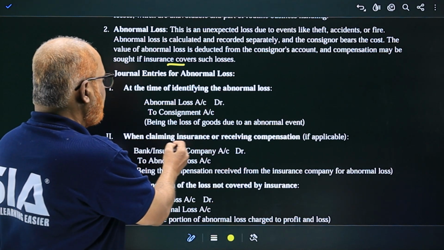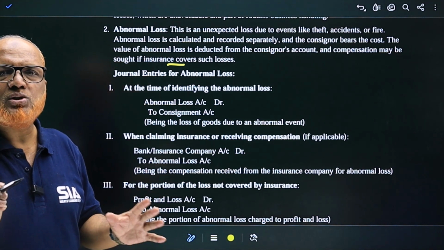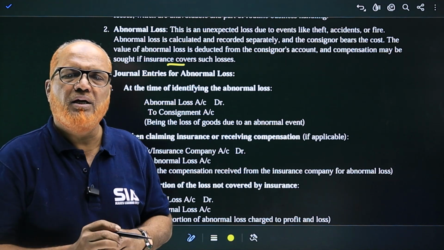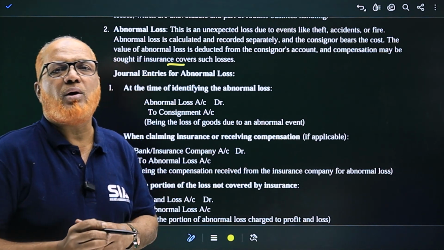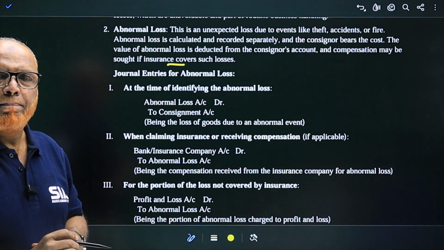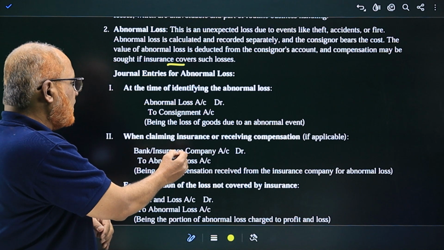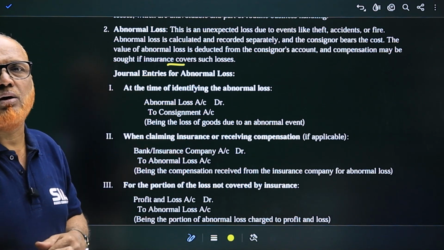Now, secondly, when claiming insurance or receiving compensation, suppose the loss is covered by an insurance policy, then the consignor will get some amount from the insurance company. The entry will be insurance claim account debtor or bank account debtor to abnormal loss account.